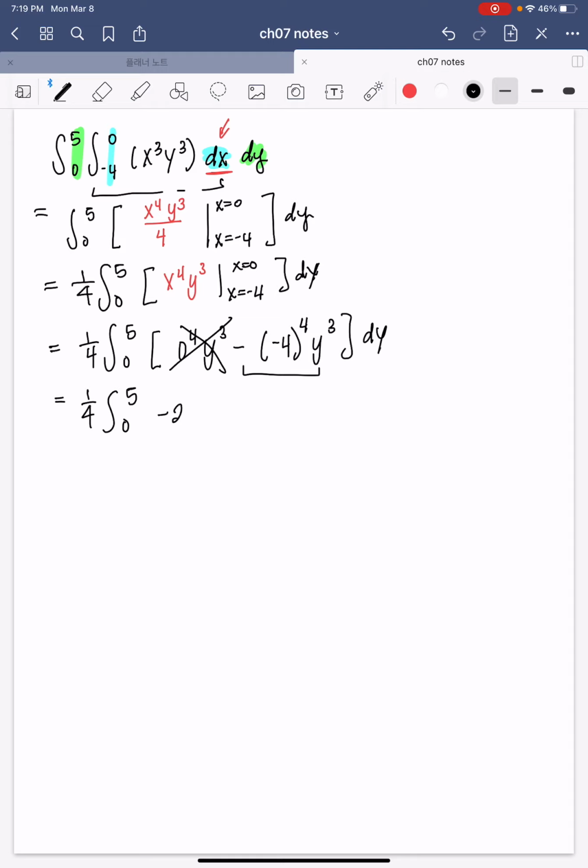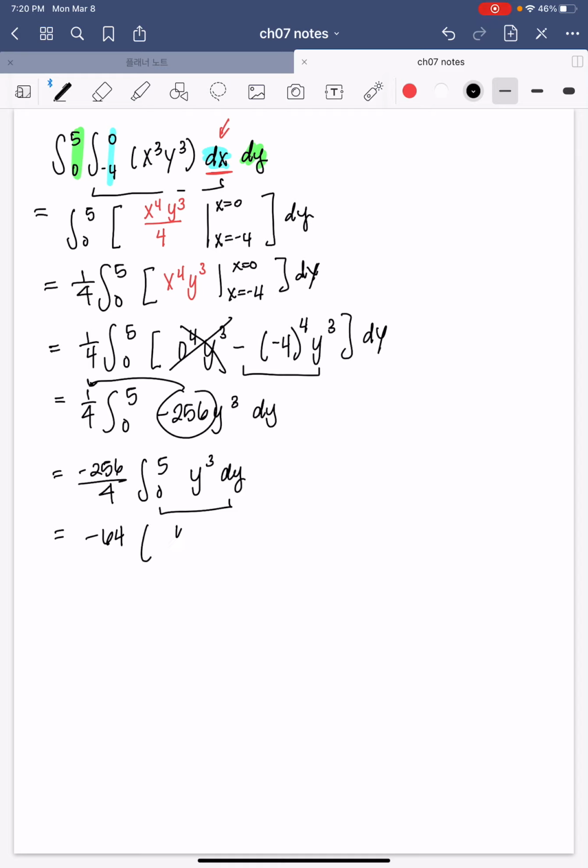So negative 256 y to the third power dy. Pulling out the constant, you have negative 256 over 4, 0 to 5, y cubed dy. Negative 256 divided by 4 is negative 64.